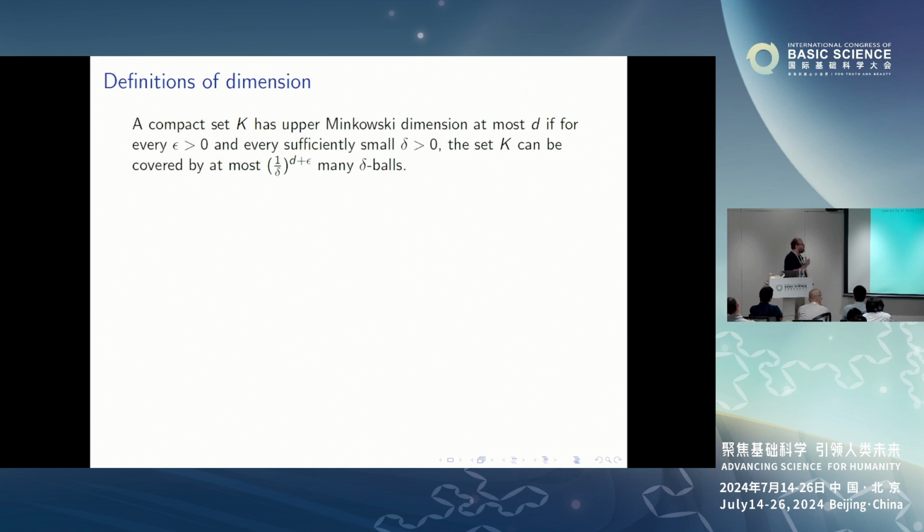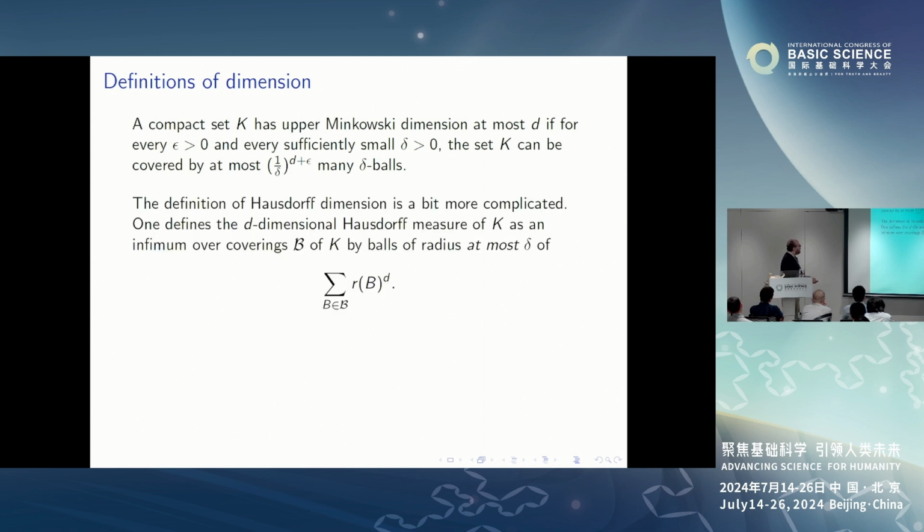So when we are studying Minkowski dimension, there is one delta, and we are asking how efficiently can we cover the set by delta balls.